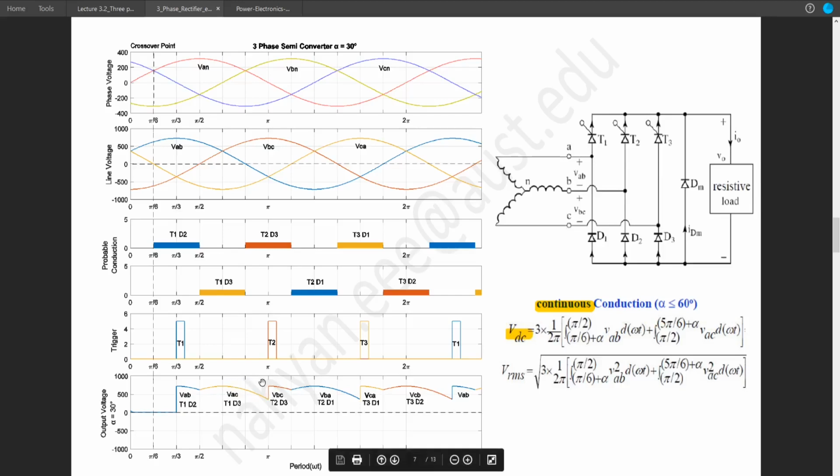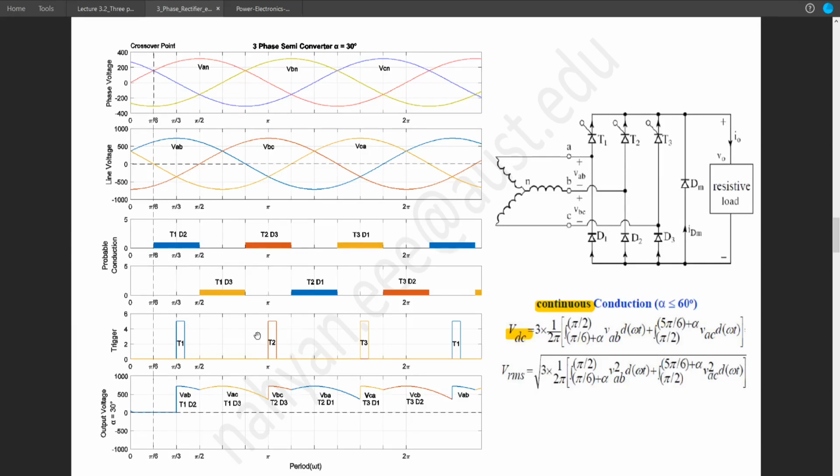In this section, both T1 and D3 are turned on, because T1 will be turned off only when T2 is turned on. T2 is turned on at this section. So until T2 is turned on, both T1 and D3 will continue to conduct.